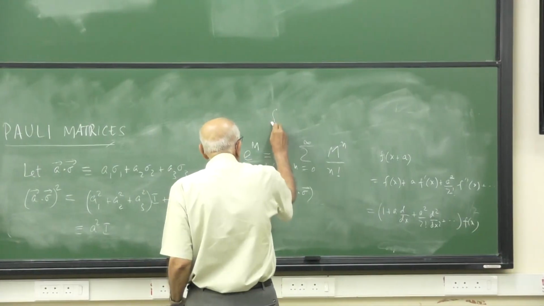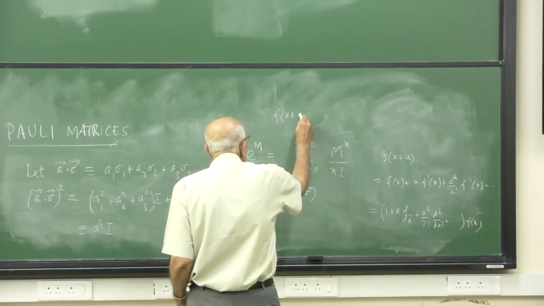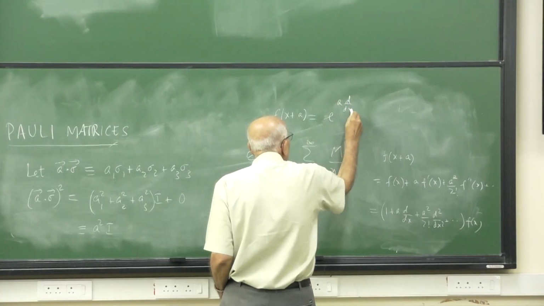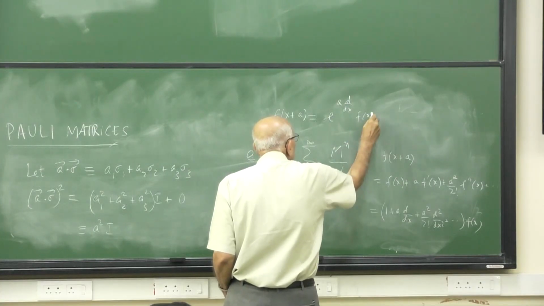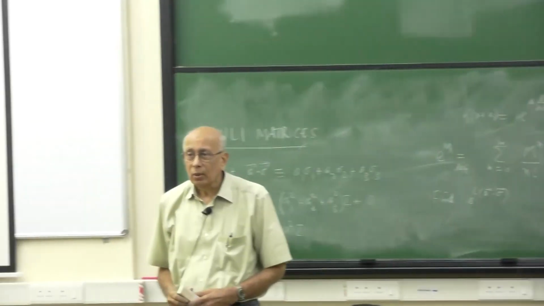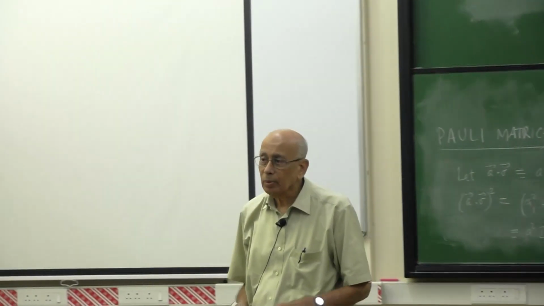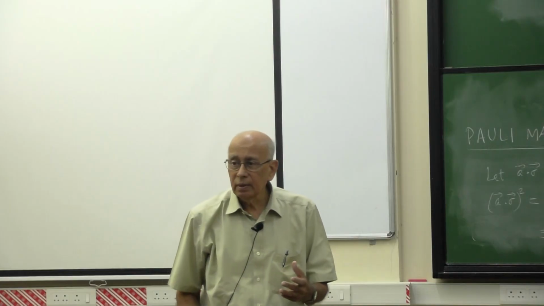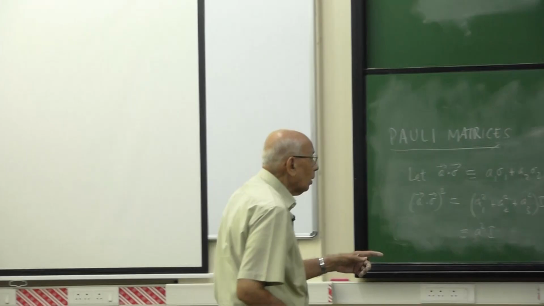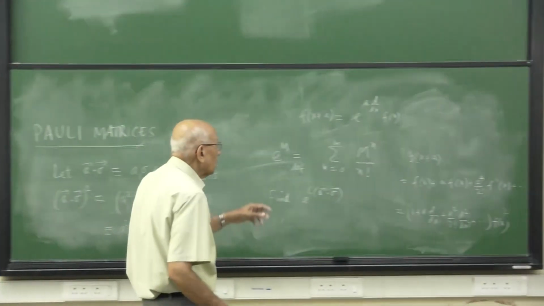So we found out that f of x plus a is formally e to the a d over dx acting on f of x. So not only do you know differentiation, but you also know how to exponentiate the derivative operator. It stands for that series with all powers of the derivative acting on this f of x.